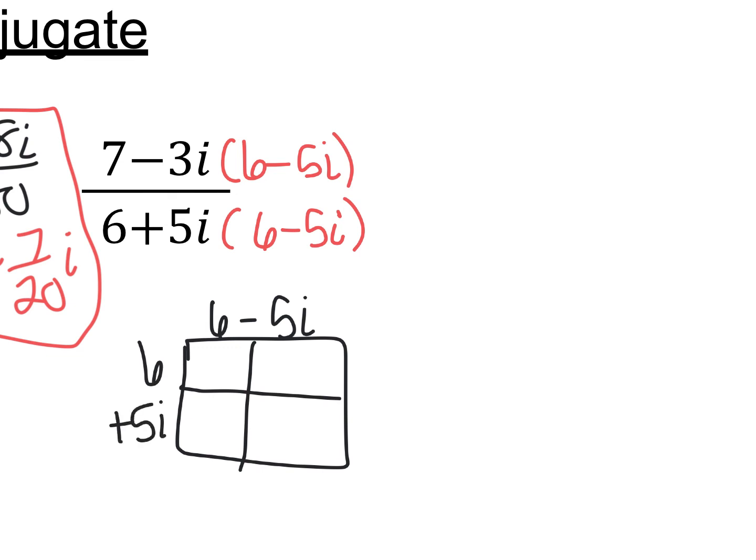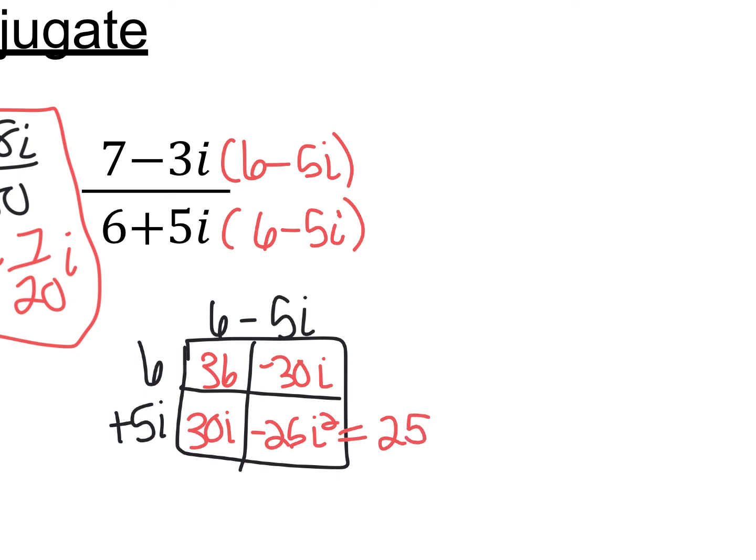So we're going to have 36, and then we're going to have negative 30i and positive 30i. Again, this is our conjugate, so our i's will cancel. And then we'll have negative 25i squared. Negative 25i squared will simplify to positive 25.